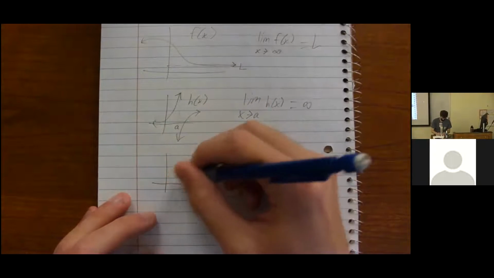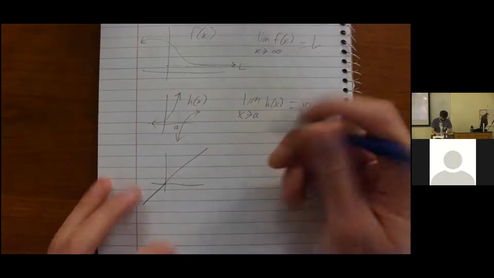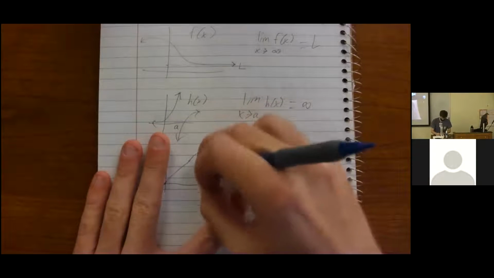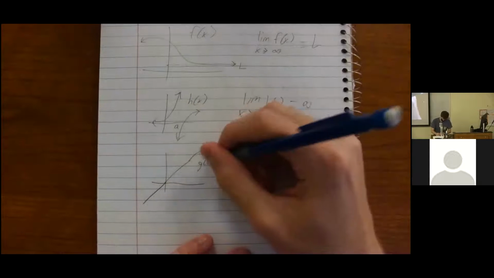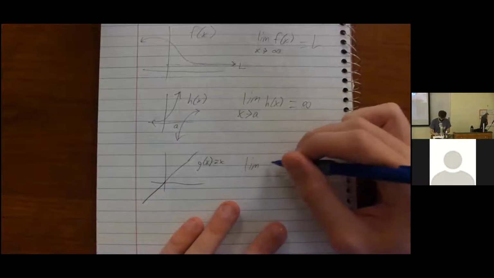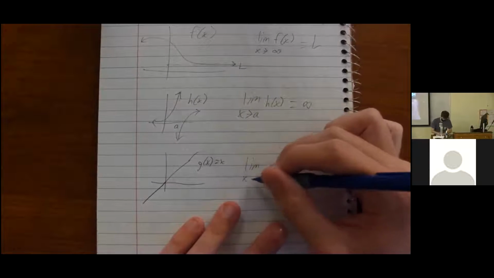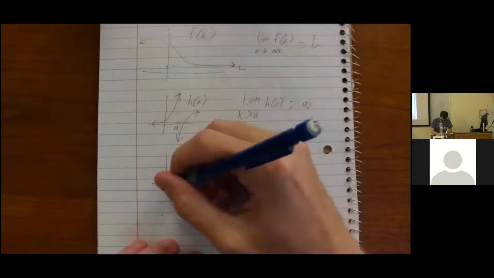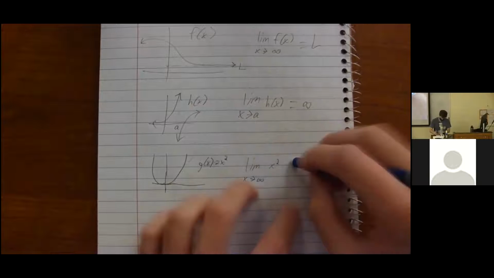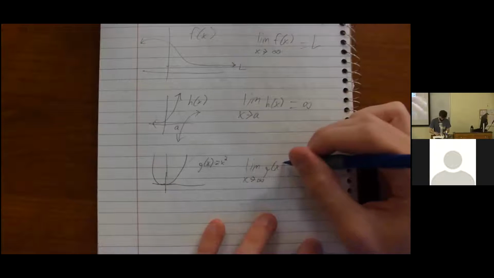Well, g of x is just y equals x. Actually, I'll do x squared, just so it's slightly different. So we have the limit of x squared as x approaches infinity.